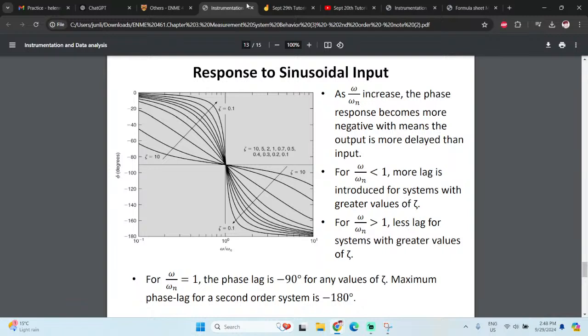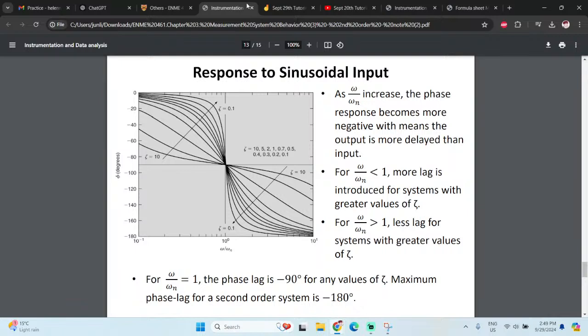So usually the response time, okay, so rise time is also usually referred to as a response. Usually rise time is defined as a measure of how quickly the detector responds when there is a change in the signal.